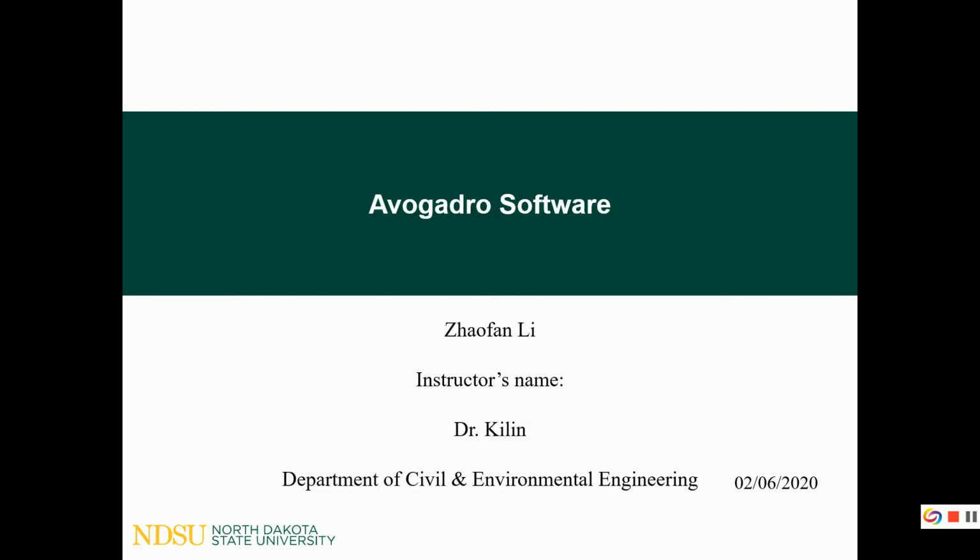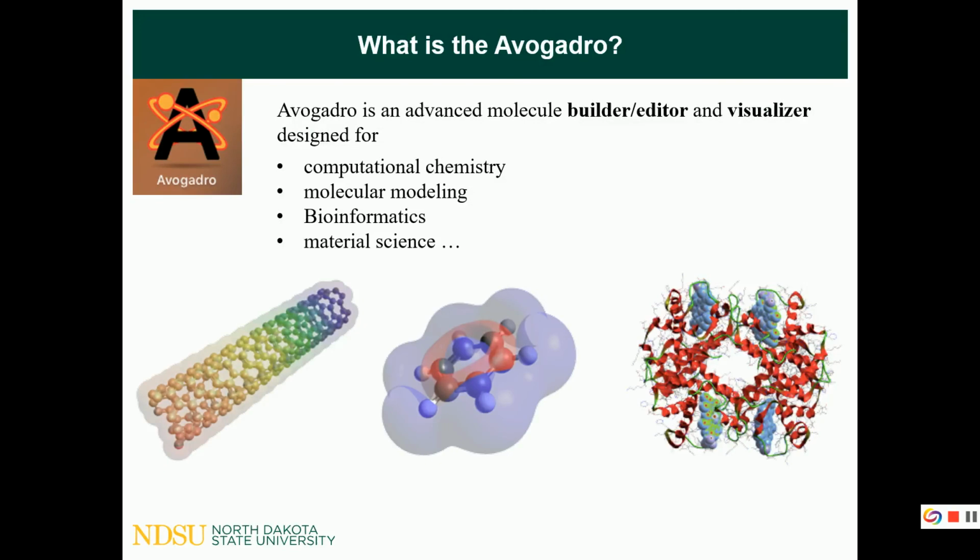Alright, and since you are too tired for listening, I will try to finish within 5 minutes. So, today I will briefly introduce another good software called AVOGADRO. AVOGADRO is a molecule builder or editor and visualizer, which is very similar to the Gaussian software, and we can use such software to build or construct any molecules for computational chemistry, molecular modeling, material science, or other purposes.